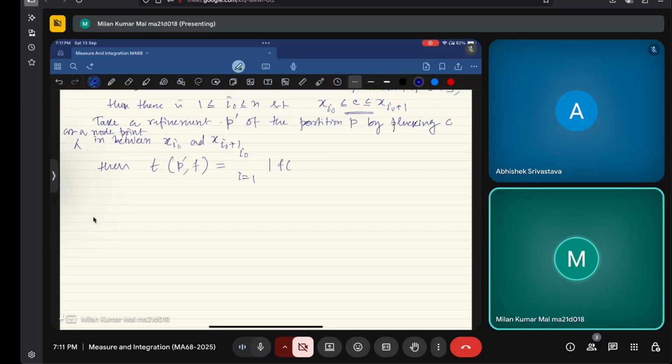Oh, this is not a supremum, this is just a summation. Then plus |f(x_i0) − f(c)| plus |f(c) − f(x_i0 − 1)|.